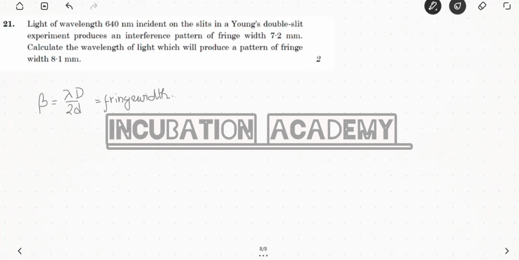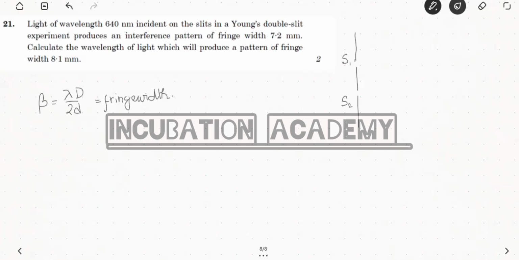Let us recapitulate the configuration. This is the first slit and this is the second slit, and these two are acting as coherent sources. The waves come out like this, and their wavelength and phase are the same.